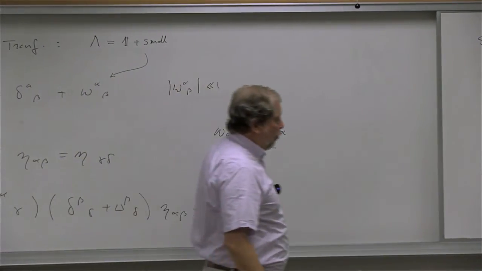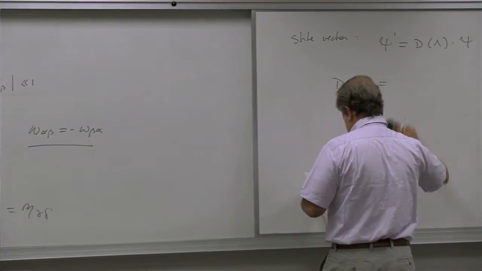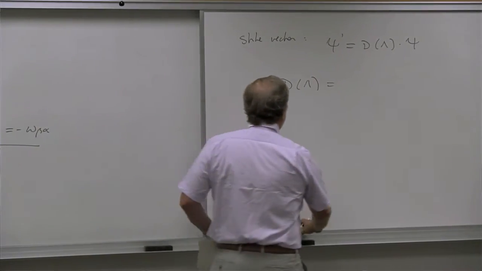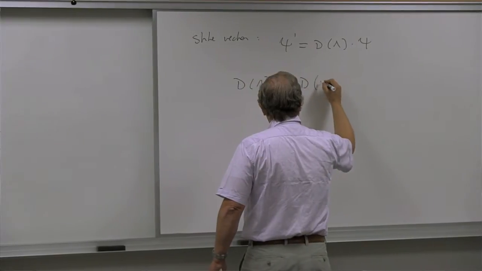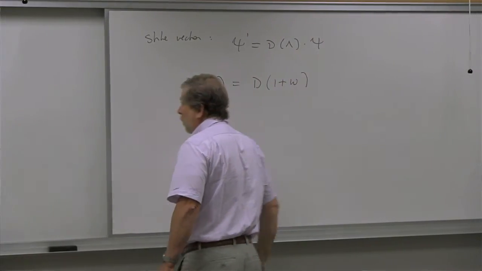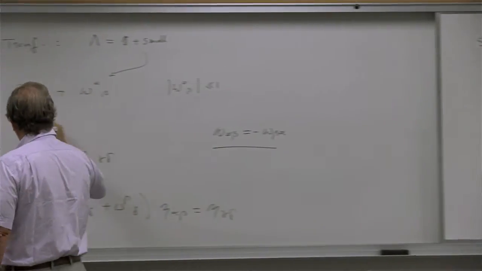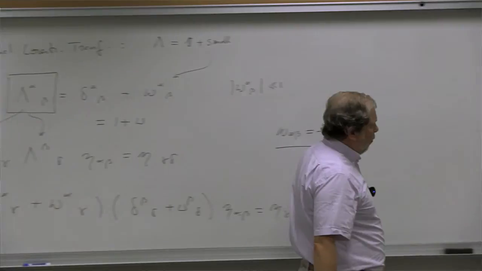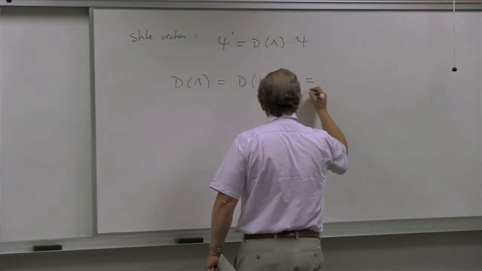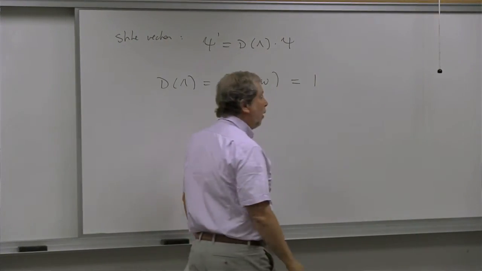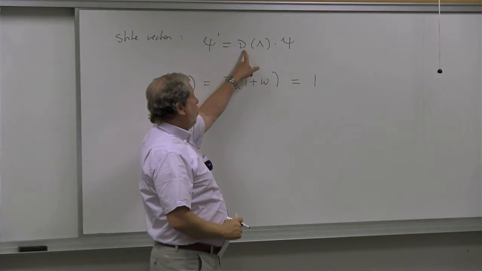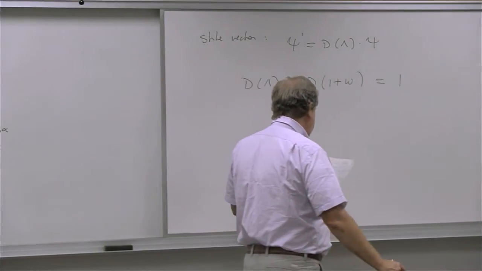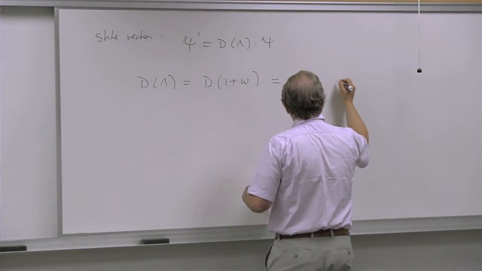If we're dealing with an infinitesimal transformation, then d of lambda is the d of 1 plus omega, written as a matrix. It has to start out with 1, so if you don't do any rotation, then the d is just the unit matrix, and then plus another piece.